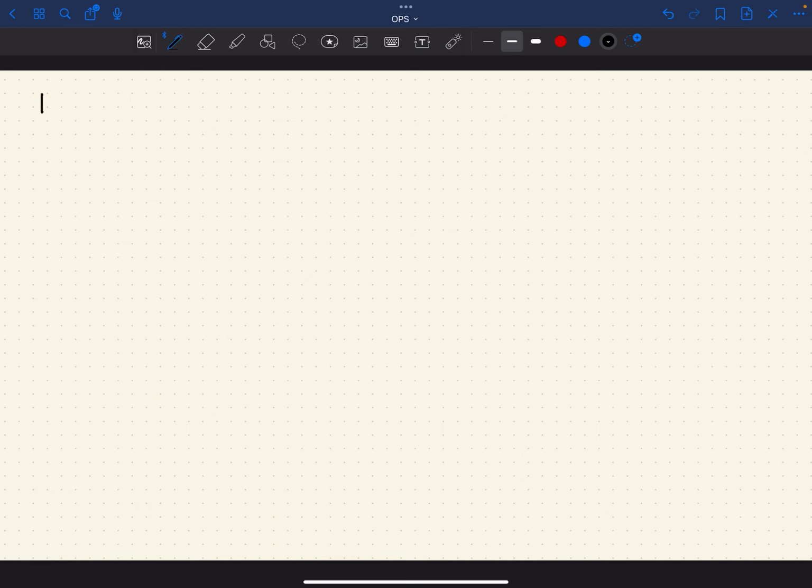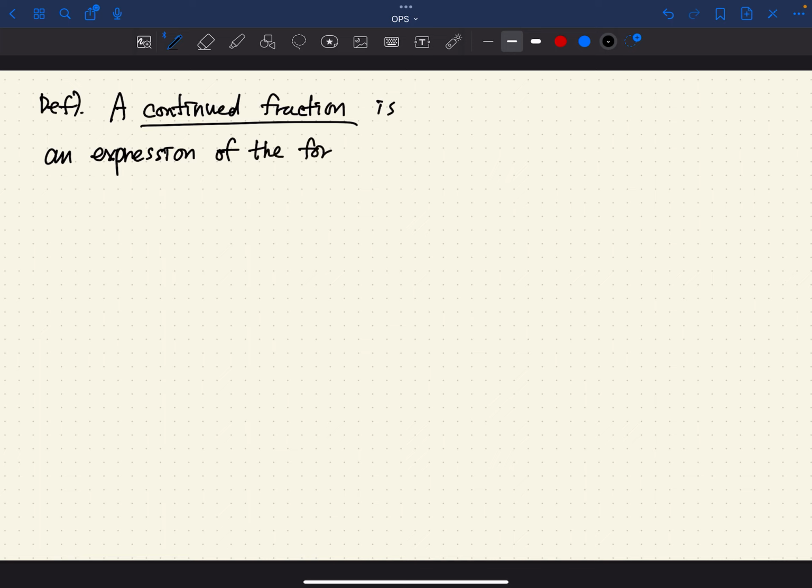So the definition looks like this. A continued fraction, there might be different types of continued fractions, but we will look at this kind. It's just an expression of the form beta 0 plus alpha 1 over beta 1 plus alpha 2 over beta 2 plus alpha 3, and so on.